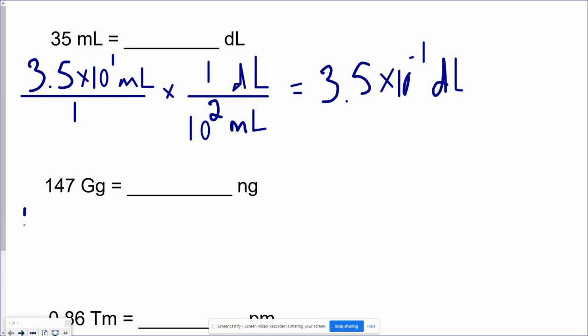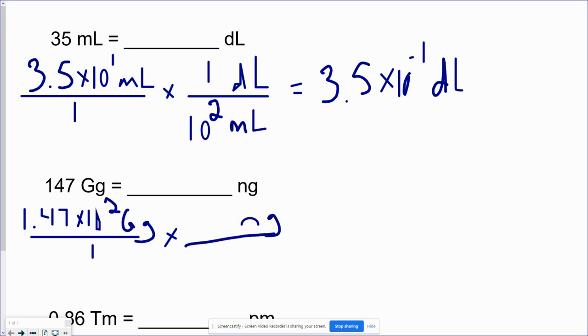So we're going to move this into scientific notation as well. 1.47 times 10 to the second. That's gigagrams over 1. We're going to nanograms, so we put that up top. Gigagrams goes on the bottom. Giga is bigger, so we're going to put a 1 there. Then you're going to grab your periodic table, and on the back is the metric line.